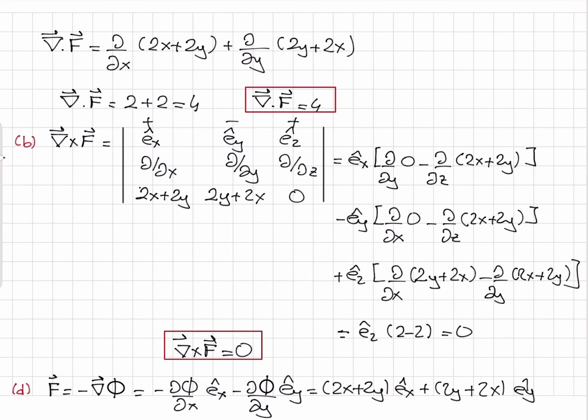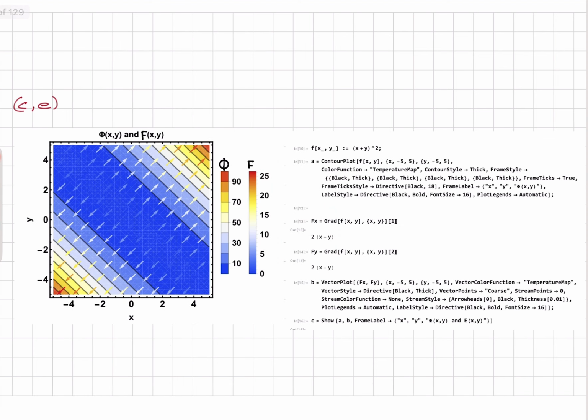So I have two equations. I can use the first equation. The derivative with respect to x is to be 2x plus 2y.